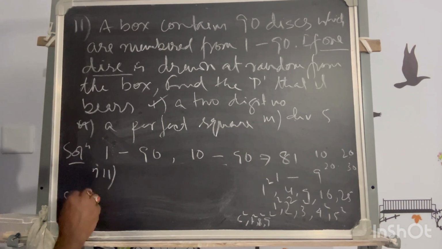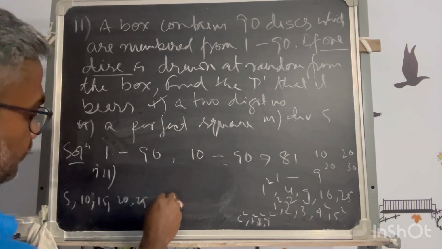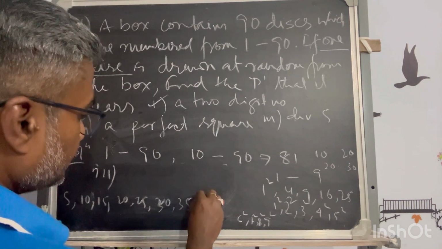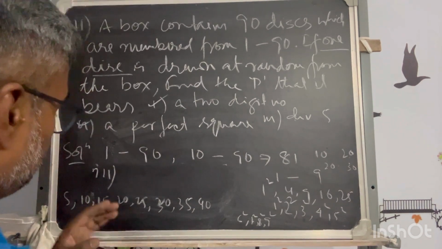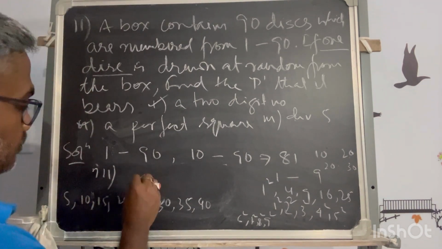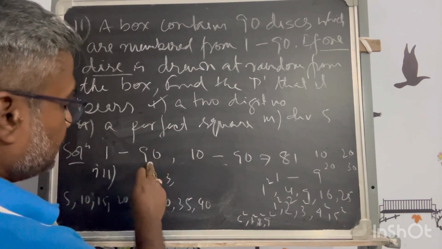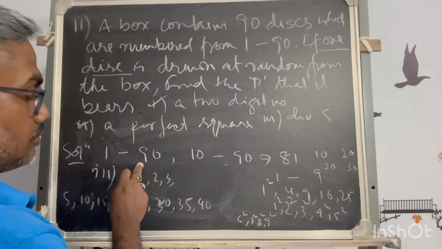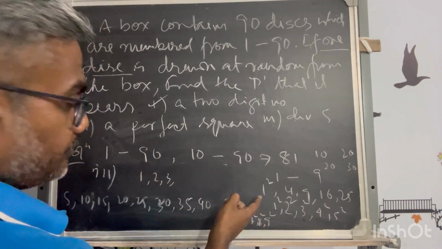What are the numbers? 5, 10, 15, 20, 25, 30, then 35, 40. If we go with 5 times 1, 2, 3, and the 90 multiple is how much? 5 multiple means 5 into 18. So 1 to 18 will be the count.